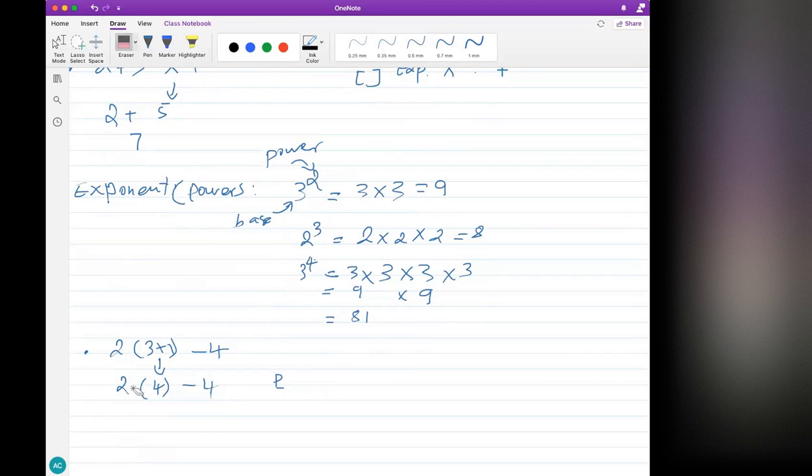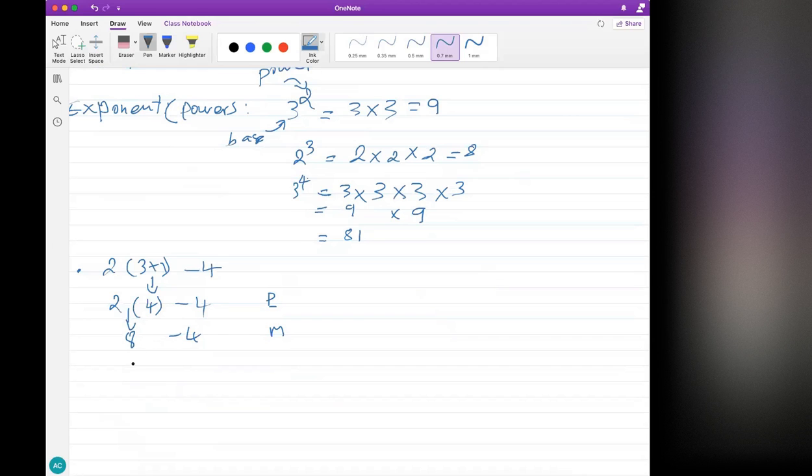So 2 times 2. We're going to do this multiplication now before anything else. That's 8. Bring down the 4. Okay, that's multiplication. Finally, just one operation left, subtraction. We put the 4 here. So this is subtraction. This is your final answer.